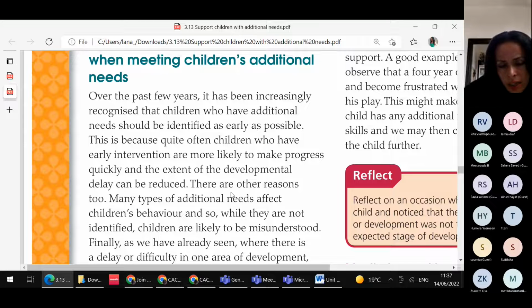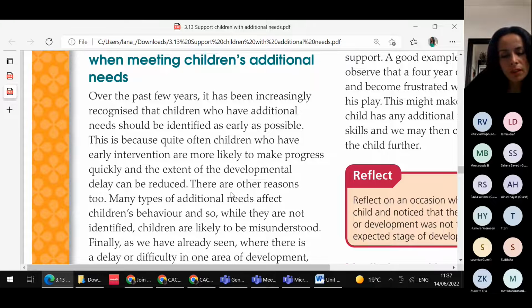Over the past few years, we have started recognizing children's additional needs more. We identify them as soon as possible while they are still young, and we have to intervene, start checking, start doing something about them.